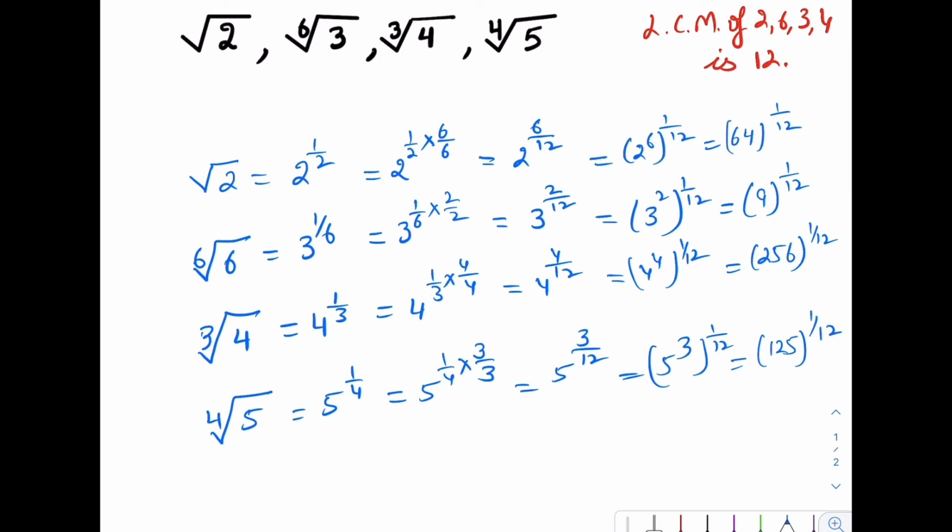So now we have the same power 1 by 12, and the greatest number is 256. So this one is the greatest.